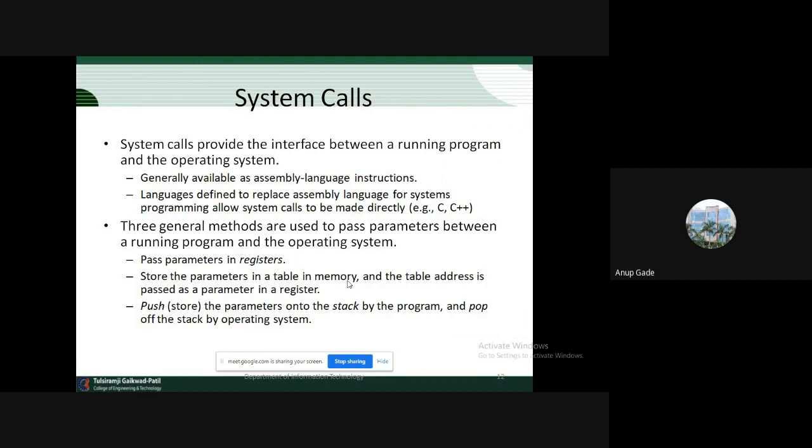So whenever a long kind of data needs to be sent, the address is given in a register. The last is to store the parameter onto the stack by the program and pop it off the stack by the operating system. So these are the three major variations available whenever we would like to pass the system calls.